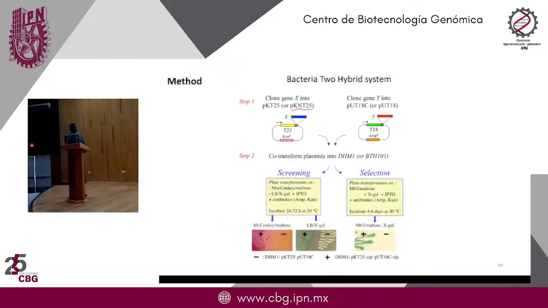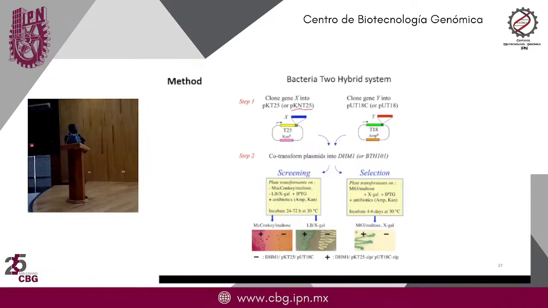So we wanted to confirm this prediction with experiments. We used the two hybrid system for experimental confirmation of the interaction. What we did here was to clone one of the proteins into this plasmid containing kanamycin resistance. This plasmid contains the T25 fragment of the adenylate cyclase enzyme, and the other plasmid contains the T18 fragment of the adenylate cyclase enzyme.